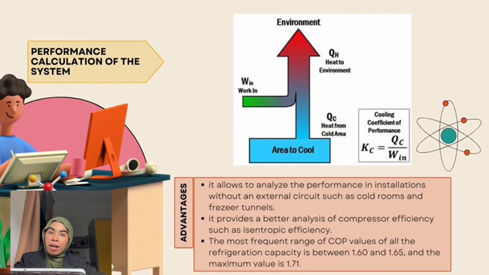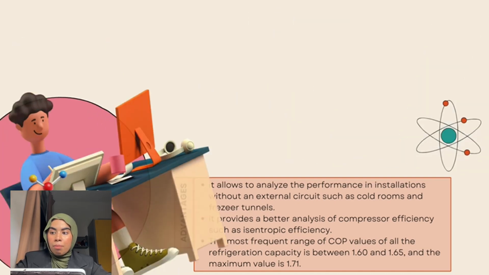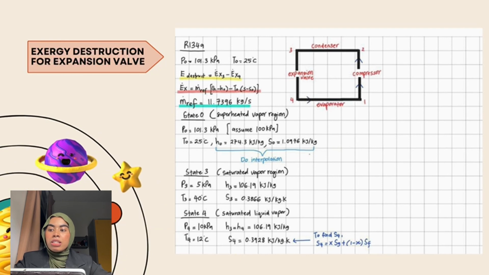As for my part, it's about the performance calculation of the system. Here are some advantages if we perform calculations on the refrigeration system. This is an example of how we find the exergy destruction for the expansion valve.